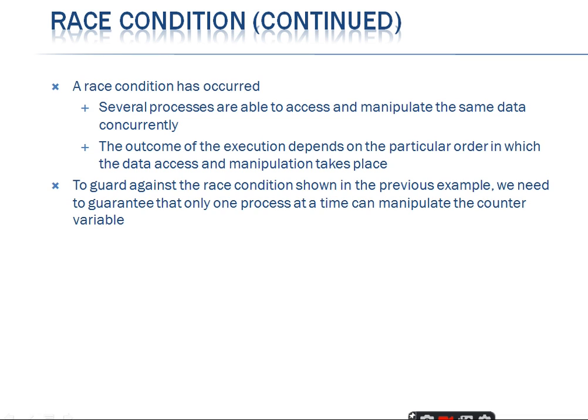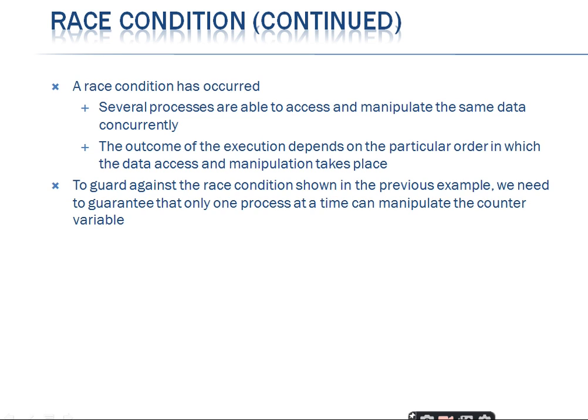Now, what do we mean by race condition? This is a situation where many processes are able to access as well as manipulate the same data element simultaneously. At the same time, they are able to access the same data and they can even manipulate its value.